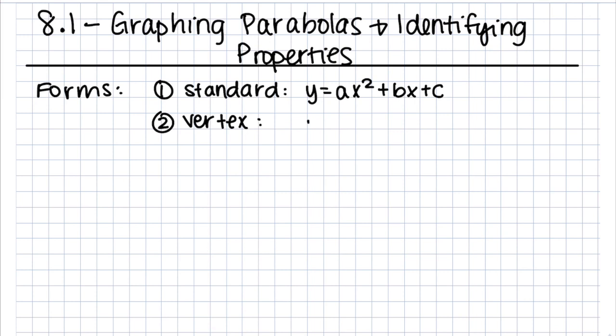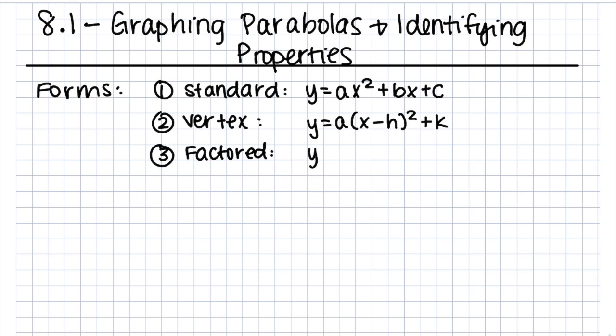That is y equals a(x minus h) quantity squared plus k. And our third form is factored form. That would be y equals a(x minus p)(x minus q).